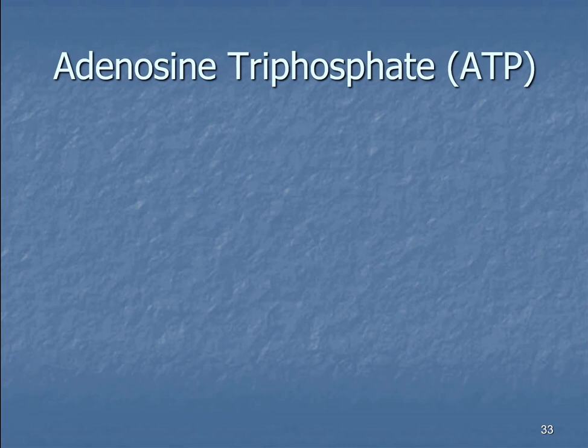All right, what I'm going to finish up with here is ATP, which is really important in human physiology. It's our energy currency within the cells. It's basically the usable form of energy within the human body.